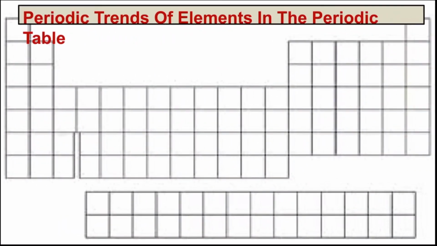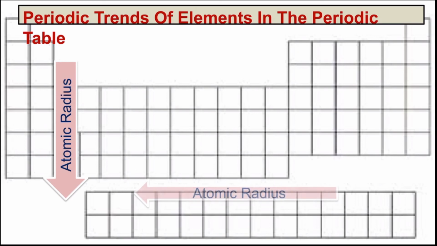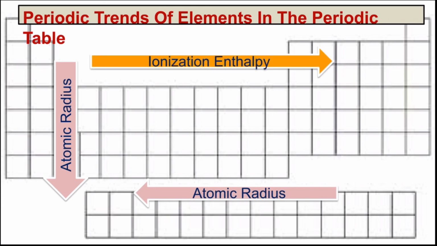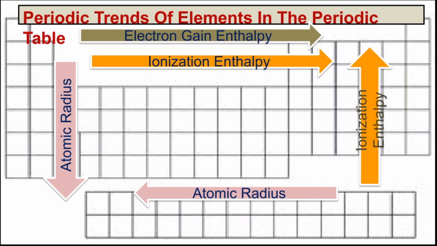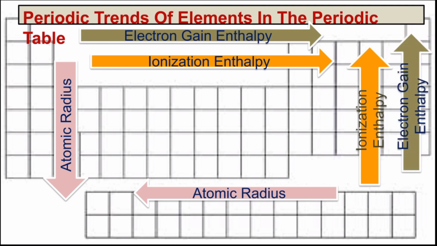Now let's have a quick look into the periodic trends of elements in the periodic table. Atomic radius increases down the group, whereas atomic radius decreases in periods. Ionization enthalpy increases in periods, whereas ionization enthalpy decreases in groups. Electron gain enthalpy increases in periods, and electron gain enthalpy decreases down the group.